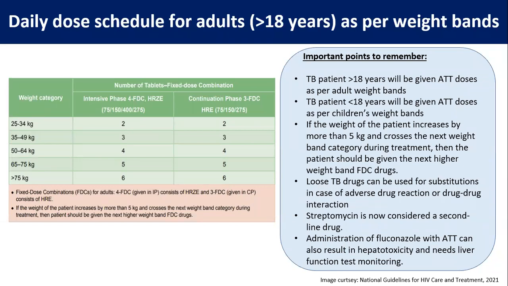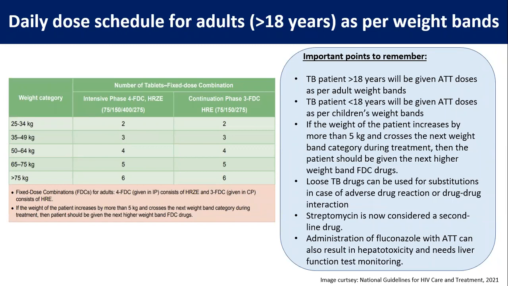Now, the most important thing to remember here is that any patient who is below 18 years is to be treated as per the pediatric dose chart, and anybody who is more than 18 years is to be treated as per the adult dose chart. And if after starting a patient on ATT, the patient gains more than 5 kg weight, or goes into the next weight band, then we also need to increase the number of pills.